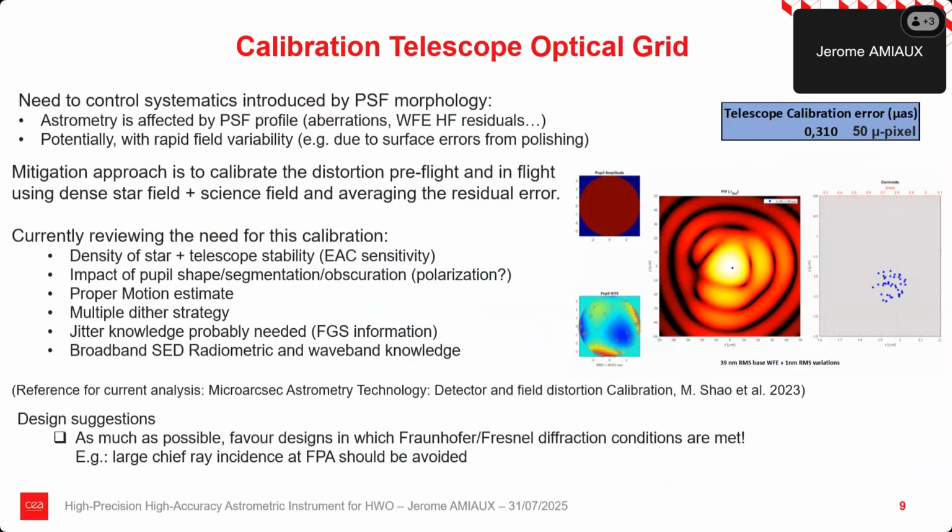So this is a big bulk of work ongoing to be sure that we can reach the allocation for the telescope calibration. Of course, we're going to be helped by the extremely high stability of HWO, but still it's a very demanding calibration that we are willing to validate.